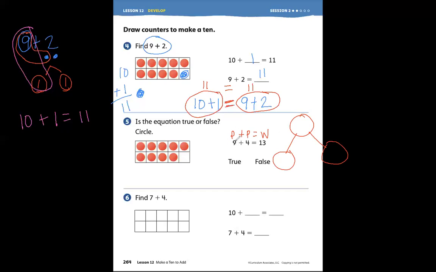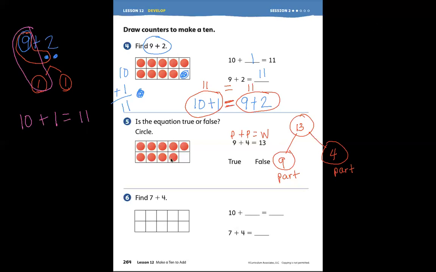No. We know that this is a part. Every time I write, you're going to write, this is a part. And the whole is up here, and it says the whole is 13. It says here the parts are 9 and 4. Now I could have put 4 here and 9 here too, right? All right, so 9 plus 4 equals 13.